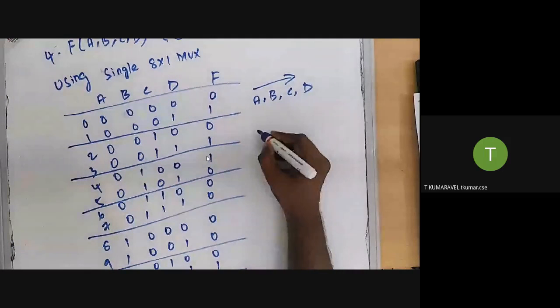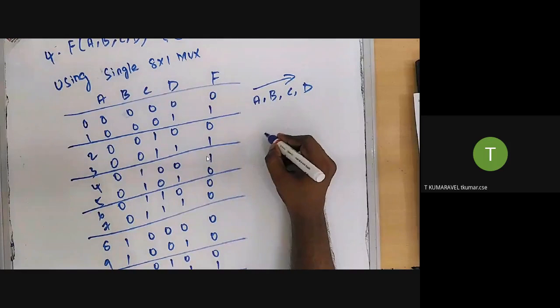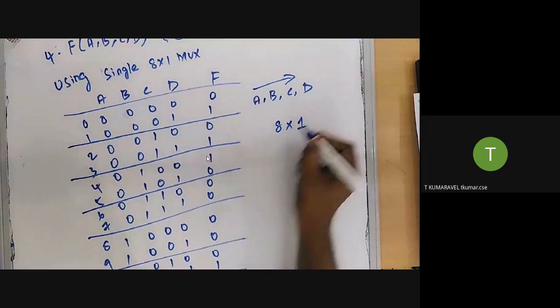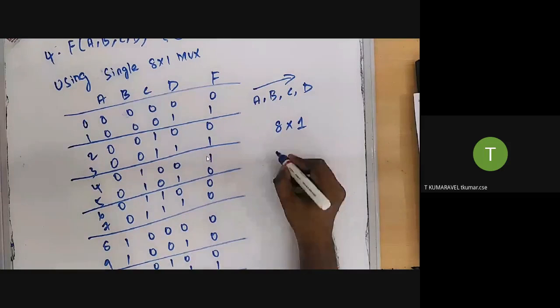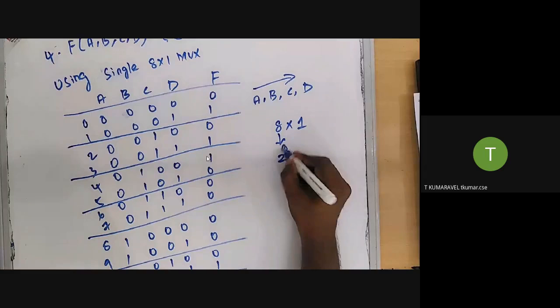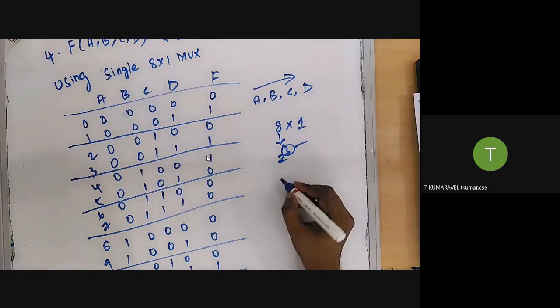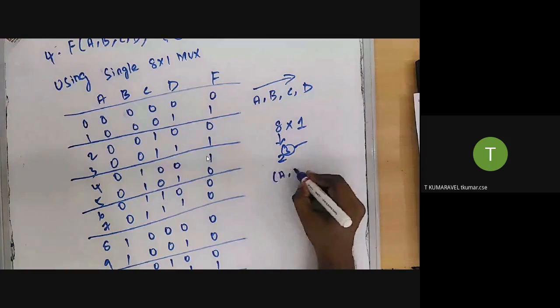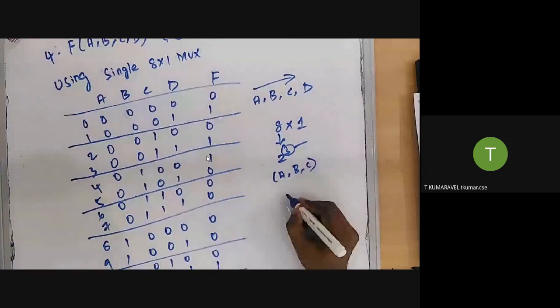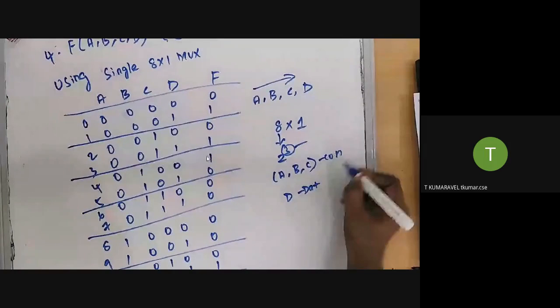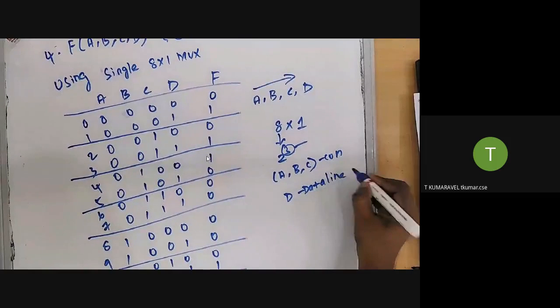For example, I am taking three variables as control lines because you want to implement the functionality using an 8 by 1 multiplexer, which is an 8 to 1 with 3 select bits. So the 3 bits act as control lines. The first 3 bits I'm taking as control lines, and the last bit acts as the data line. Let's see.